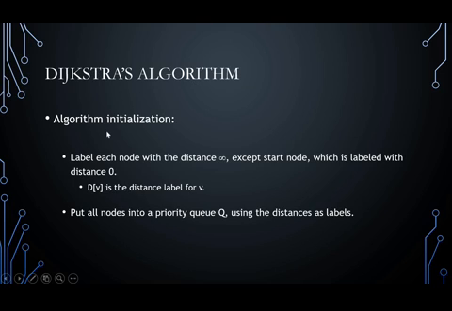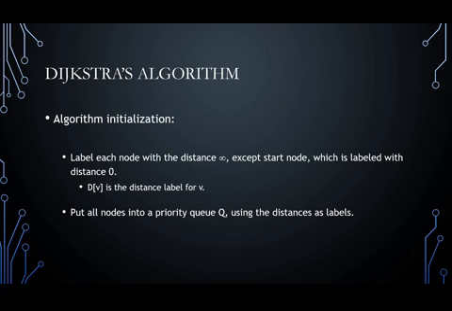What does Dijkstra's algorithm say? The algorithm says, label each node with the distance infinity. So first assume that there are no edges in the network, and assume that there are no paths available. All the nodes are disconnected. That being the upper limit, we call that the upper bound.